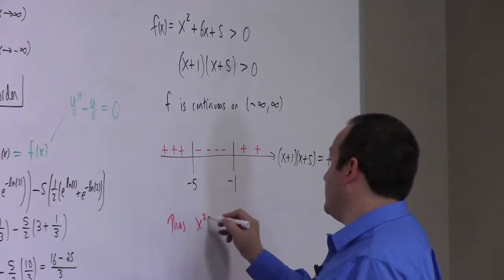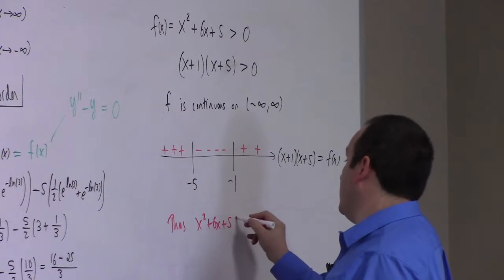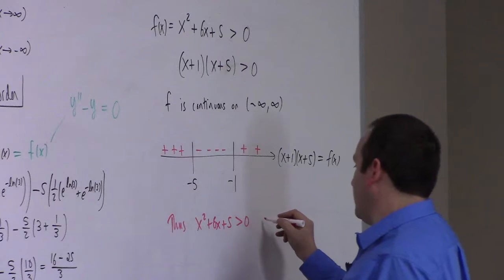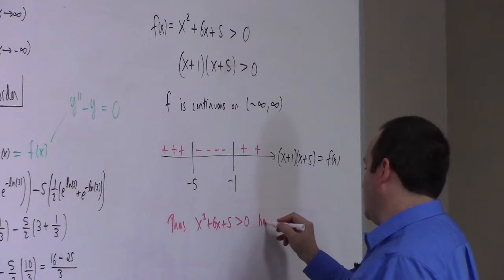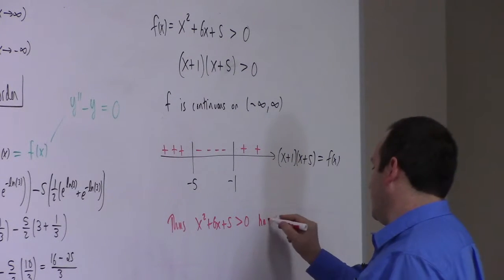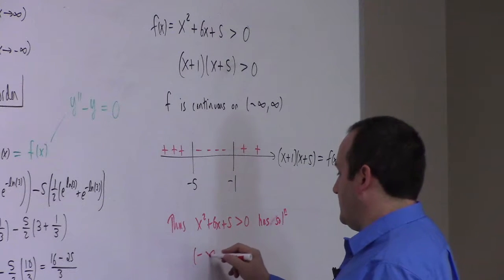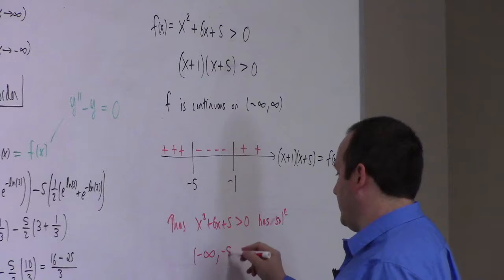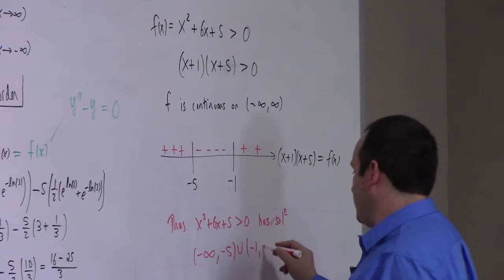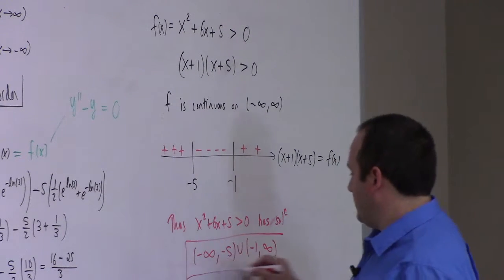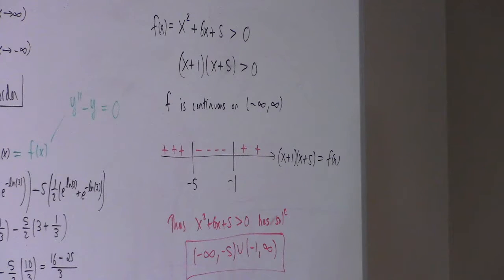Thus, x squared plus 6x plus 5 greater than 0 has solution, in interval notation, minus infinity to minus 5 unioned with minus 1 to infinity. So there's the solution to that quadratic inequality.